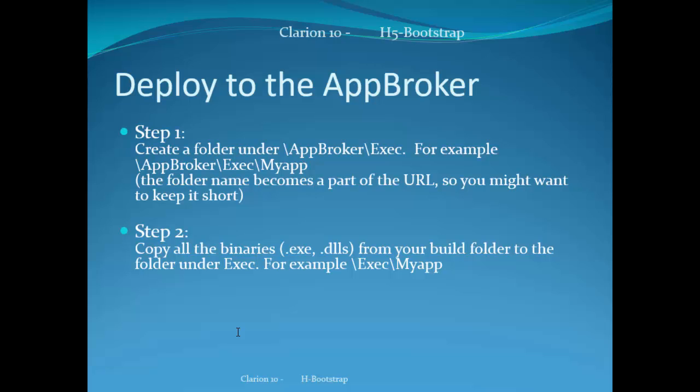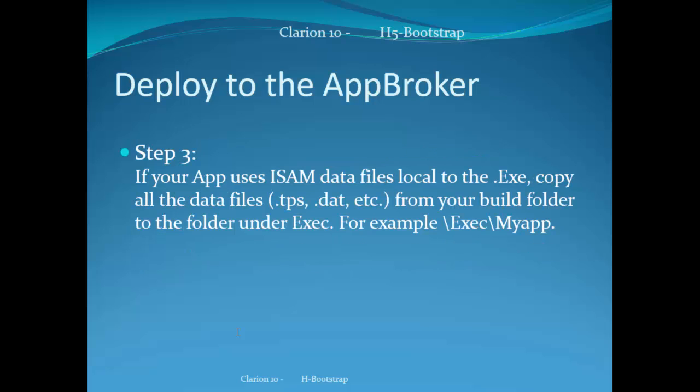A short folder name is useful because it becomes part of the URL used to access your web app. So you need to create a folder and then copy the binaries. Three, in our case for this example, we're going to need to copy the data files, the TPS files, because there is no path in this application, so the executable expects to find the data files in the same folder from which it's being run.